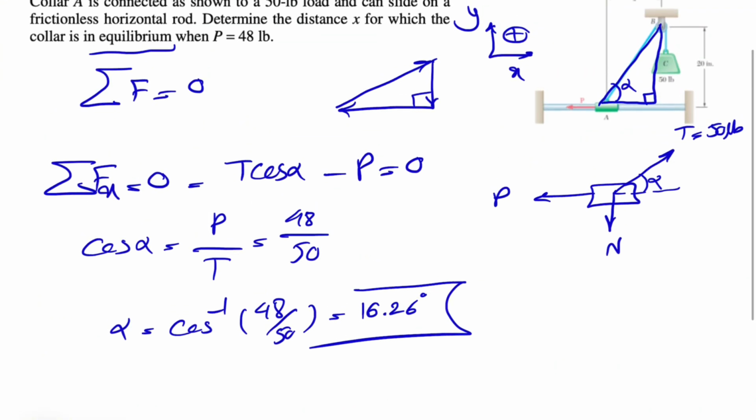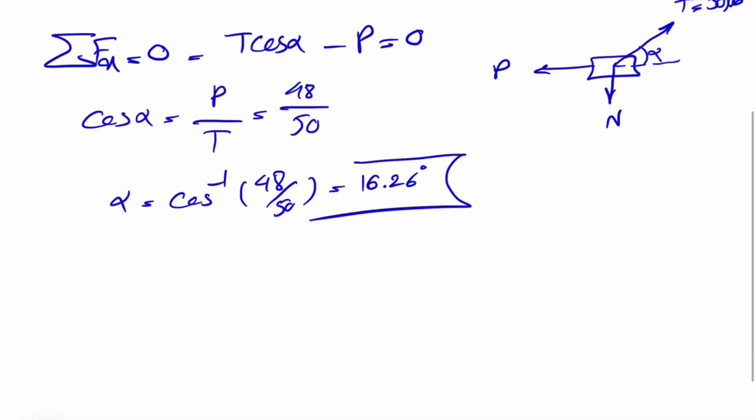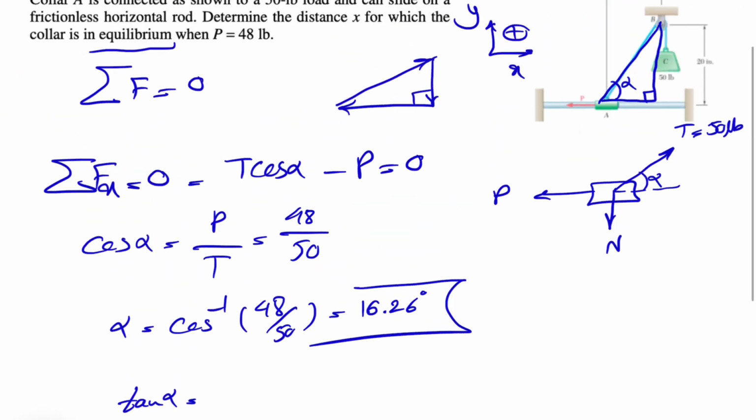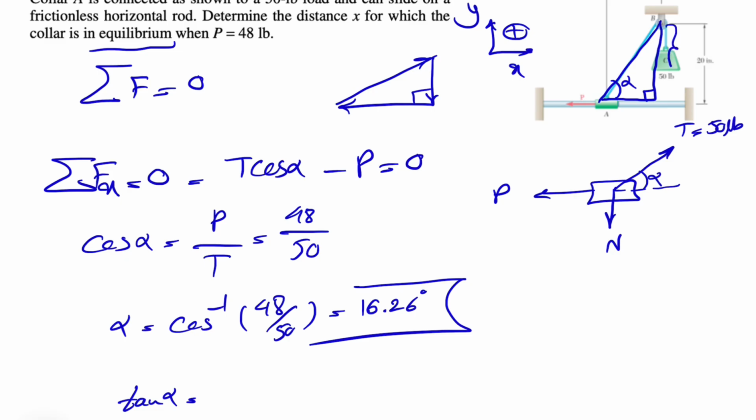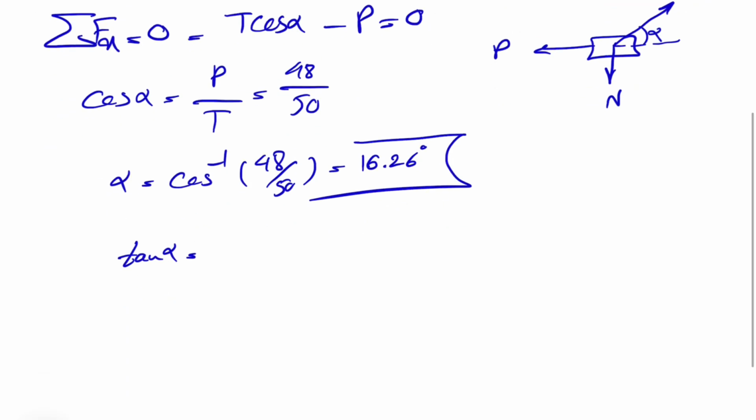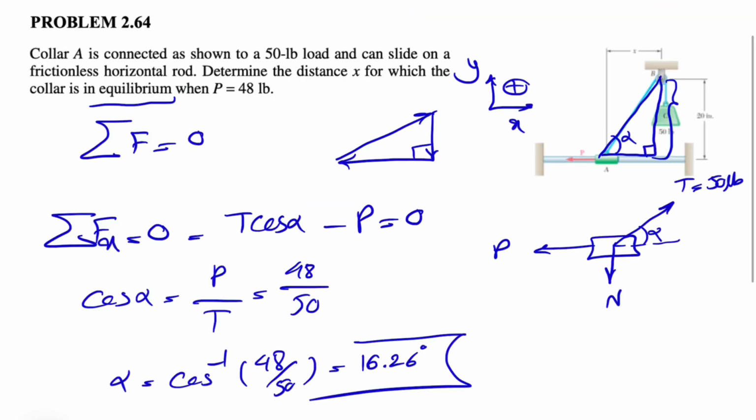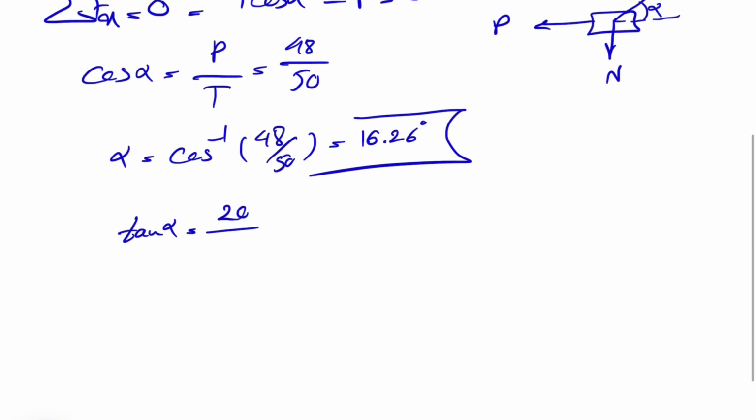Now that we have this, what we are interested in is the x. If we find the tangent of alpha, we have the opposite side of that right triangle, which is 20, over the adjacent, which is the x that the question is asking.